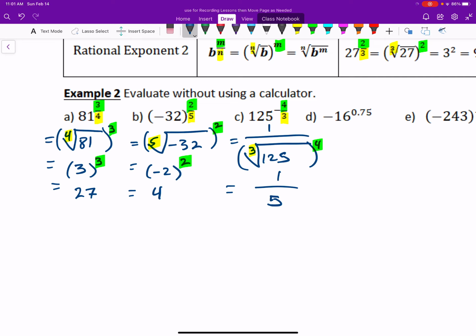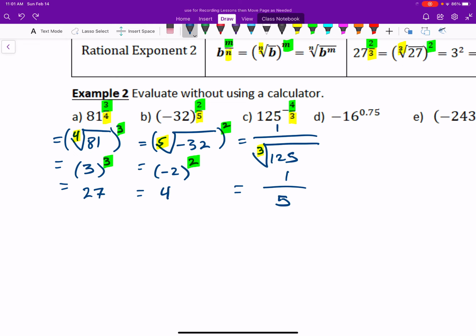Actually, what I should be doing, not that it's going to make a difference in the end, but to be proper mathematically, I should put the whole thing in brackets, but I think it's okay. Ignore that. All right, so I got 1/5 to the 4, and 5 to the exponent 4 is actually 625, so it's 1 over 625.